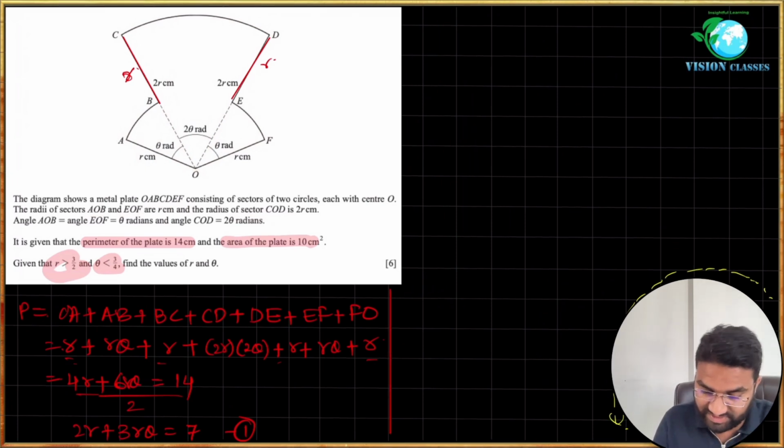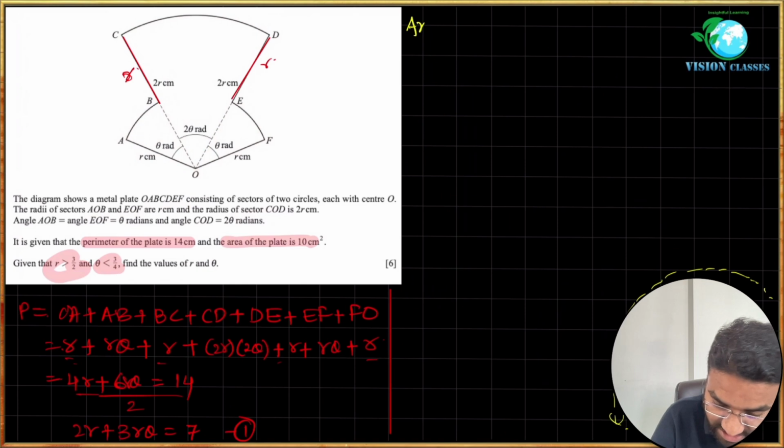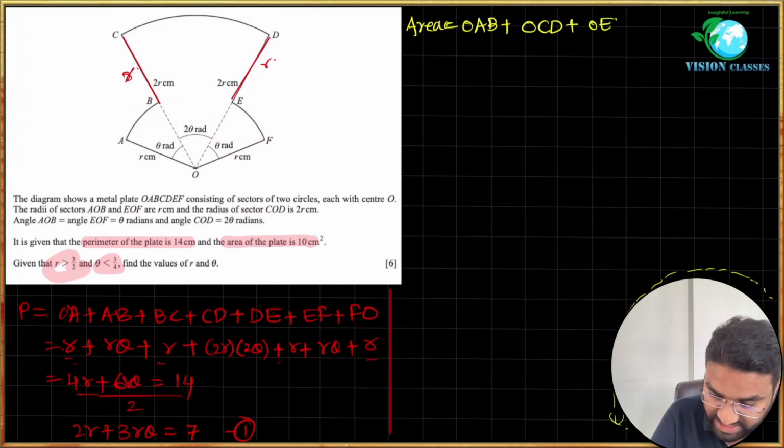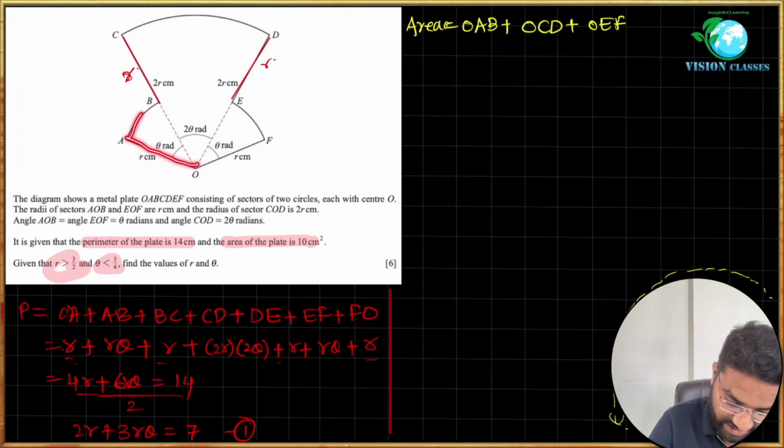Now for the second part, we have to calculate the equation in terms of area. So area here is equal to OAB plus OCD plus OEF. And here the sectors OAB and OEF are the same, so you can write it as 2 times OAB.